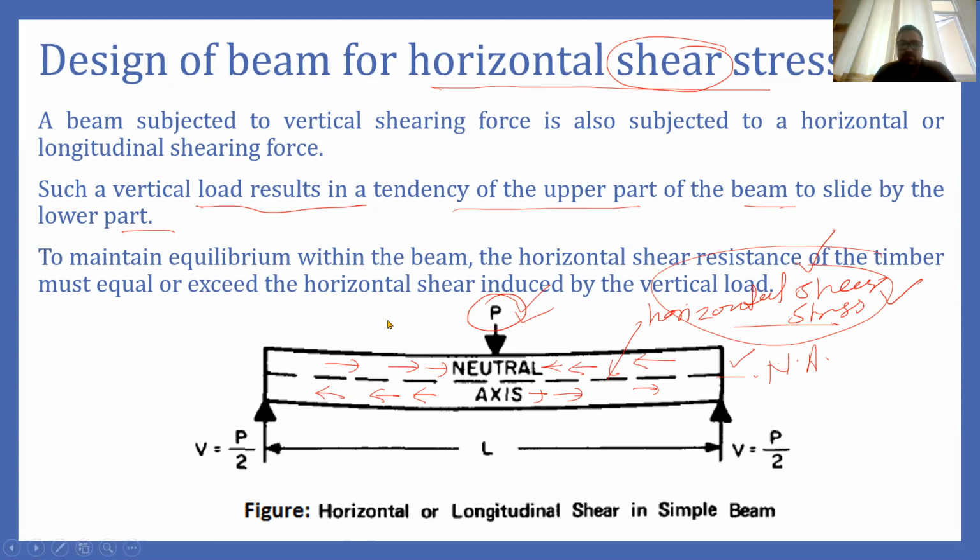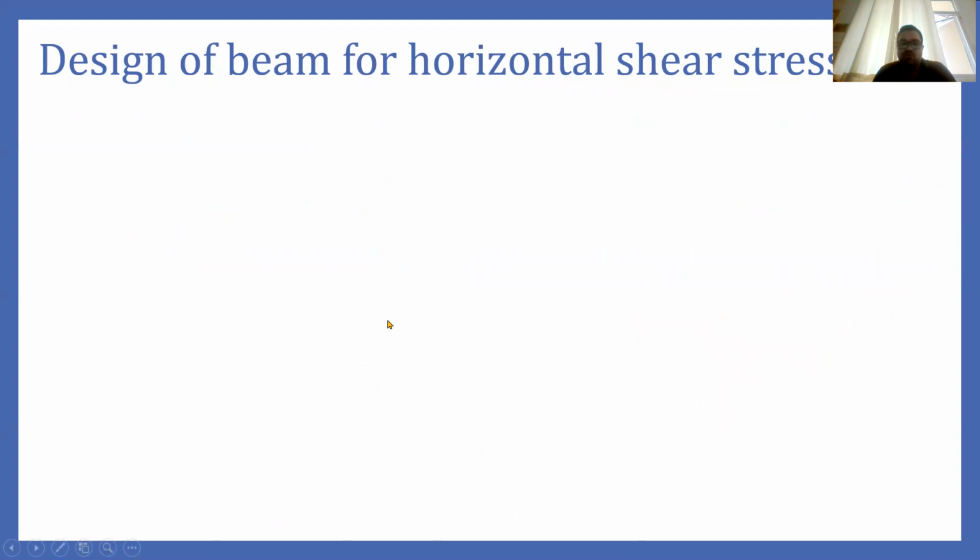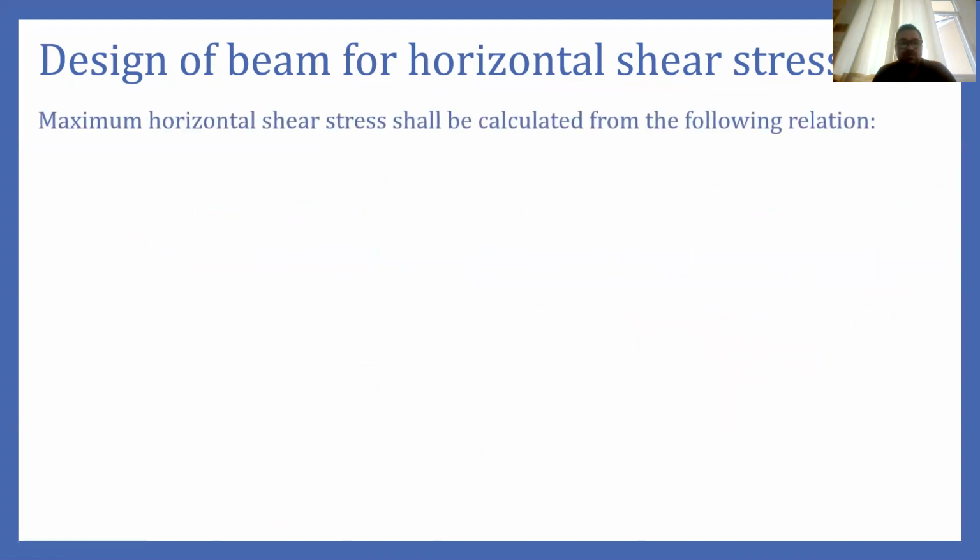So first we need to understand how we calculate the actual horizontal shear stress. In the second lecture I discussed the shear stress formula. The same formula we are going to use here to find the shear stress at any point in the beam, which is VQ upon IB.